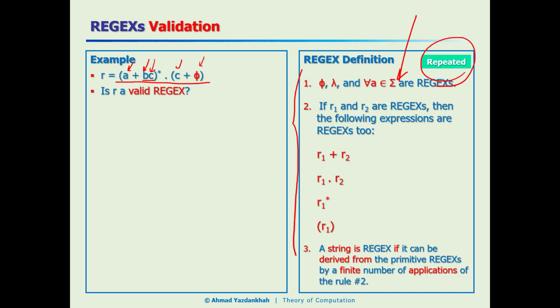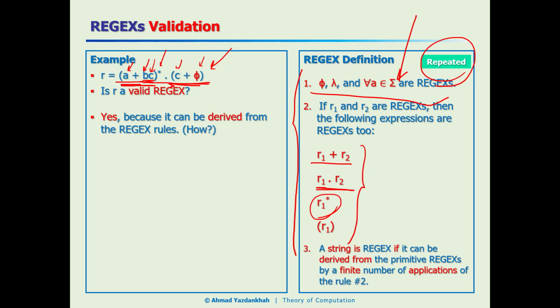And is BC a regex? Yes, based on this. Is BC plus A a regex? Yes, based on this. You see? How about the star? Yes, based on this. And how about this part? Exactly. As you see, we can apply these rules on these symbols, and ultimately we find out that yes, this is a valid regex.